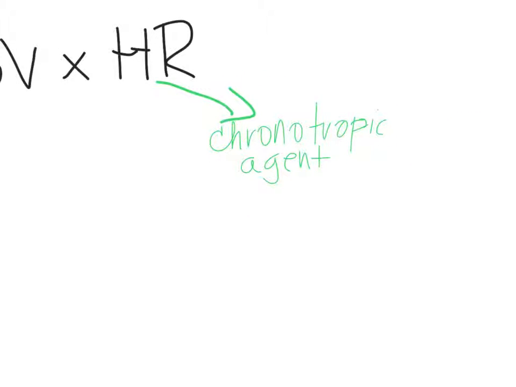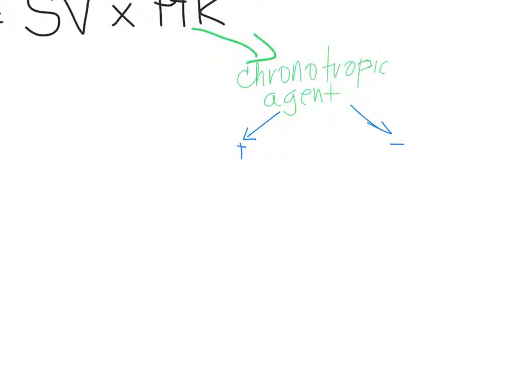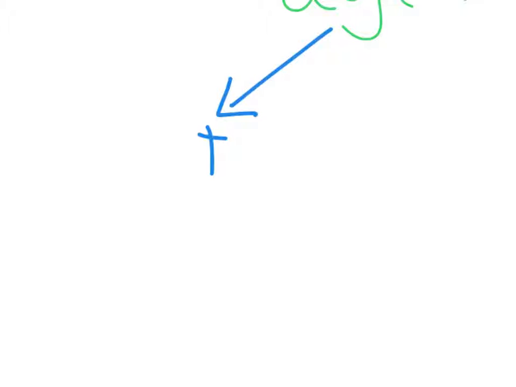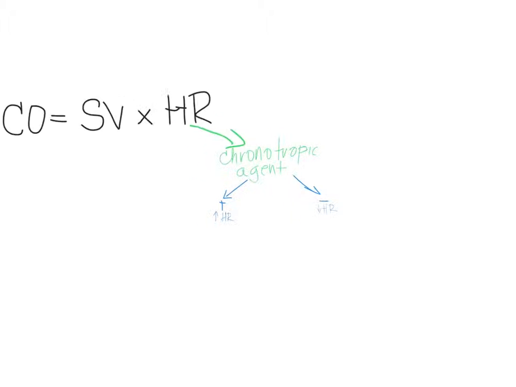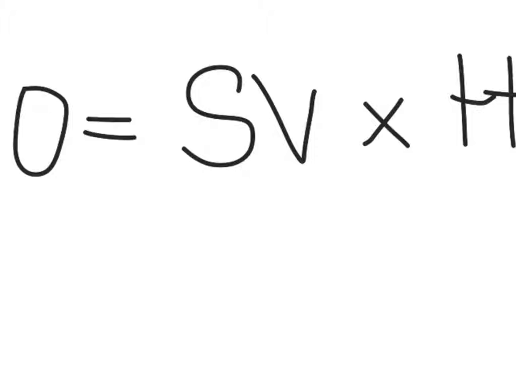Rate also means time. Chronotropic agents can be either positive or negative. Just to make sure that you understand the difference between these two, the positive chronotropic agents are going to increase heart rate. The negative chronotropic agents are going to decrease heart rate. Okay, so we'll look at specifically what each of these are.